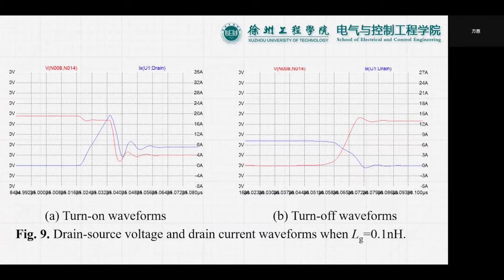Figure 9a shows the turn-on waveforms when Lg equals 0.1 nanohenry, and Figure 9b shows the turn-off waveforms when Lg is equal to 0.1 nanohenry.